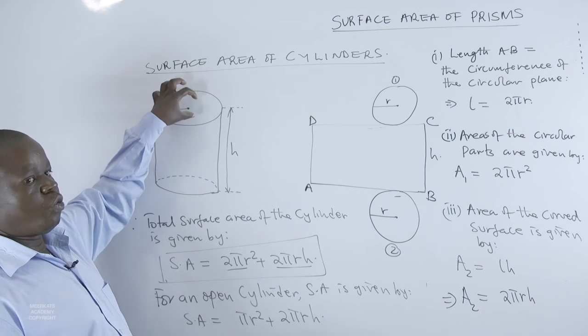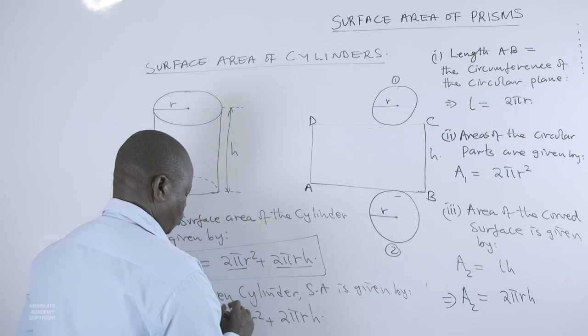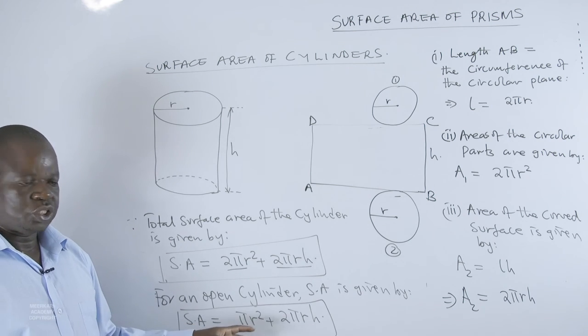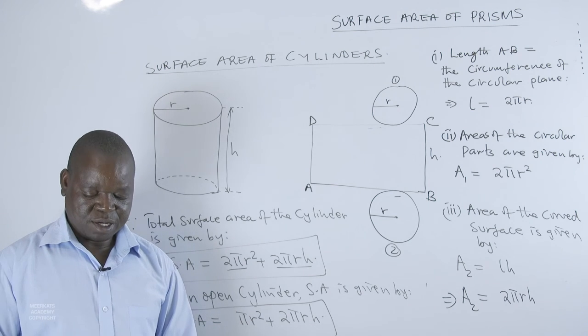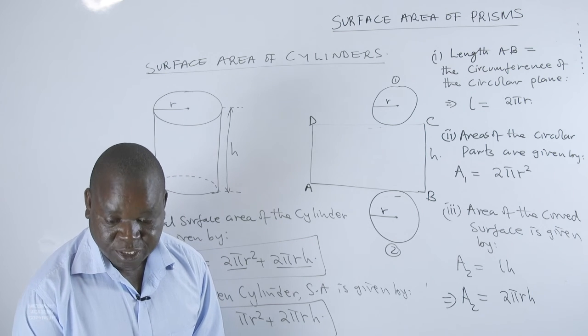Why? It is because the top or the bottom is not there. So we just use one of the areas of the circular plane bases or the top.